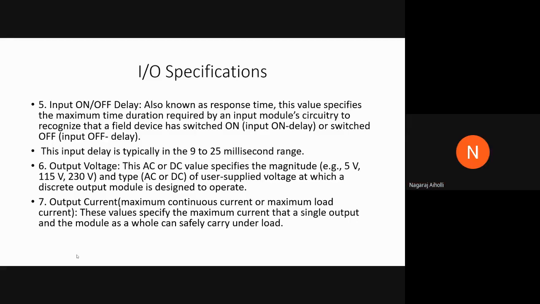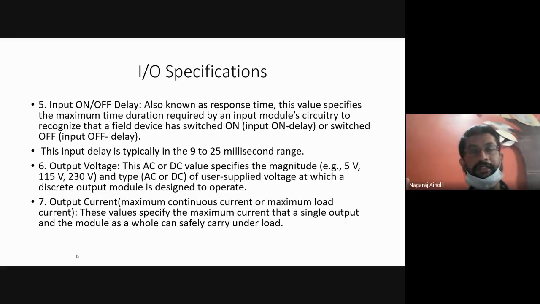These values specify the maximum current at a single output and the module as a whole can safely carry under load. How much maximum current the output module can carry safely without getting affected or damaged, that is called the output current.